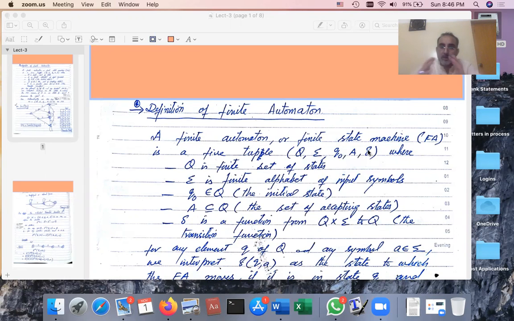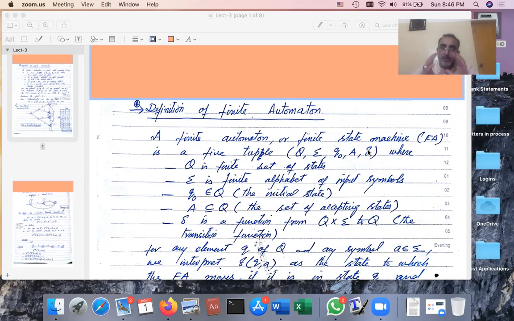So Q is what? Q is a finite set of states that we will introduce when we finish the designing of a FA. So the total number of states in a FA is a finite set of states.